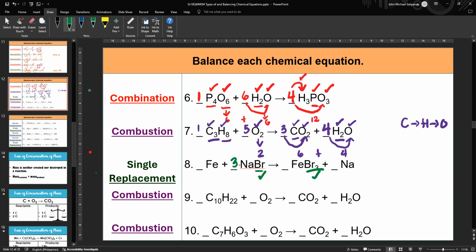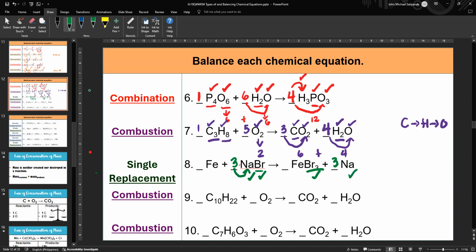Now, as a consequence of writing 3 in NaBr, you now contain 3 times 1 equals 3 sodium atoms on the reactant side, and you only have 1 sodium atom on the product side. So you have to multiply sodium by 3. And with that, sodium is now balanced.